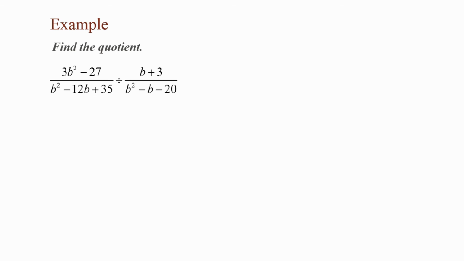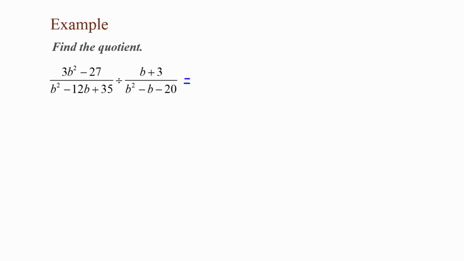3b squared minus 27 divided by b squared minus 12b plus 35, divided by b plus 3 over b squared minus b minus 20. So our first step is to get rid of the division symbol.